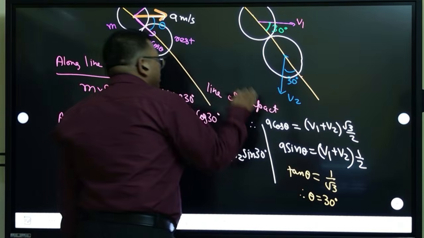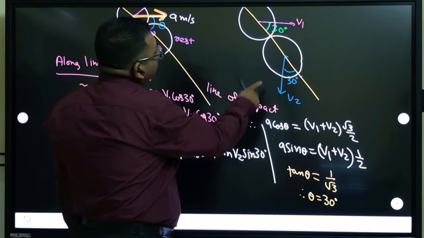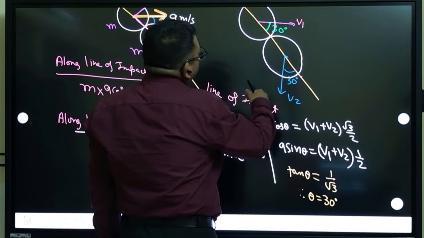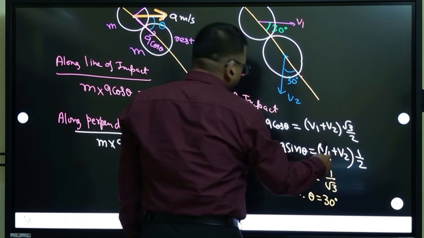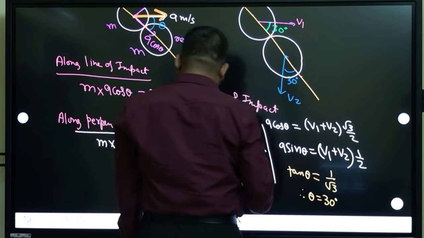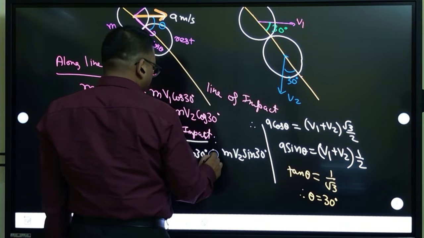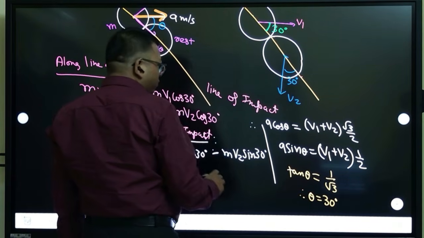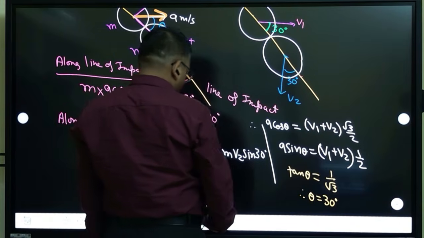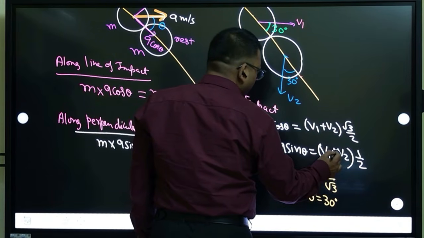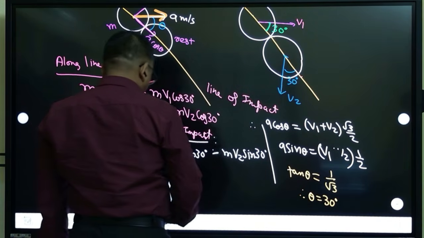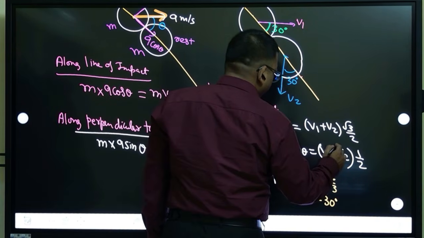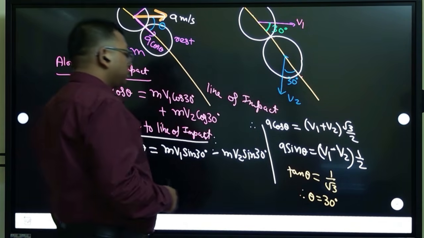So X component no problem, but for Y component we have to take minus here, because this is going in the opposite direction. If you take minus here, there is a minus factor coming here. So can we solve it now? Can things make a difference?